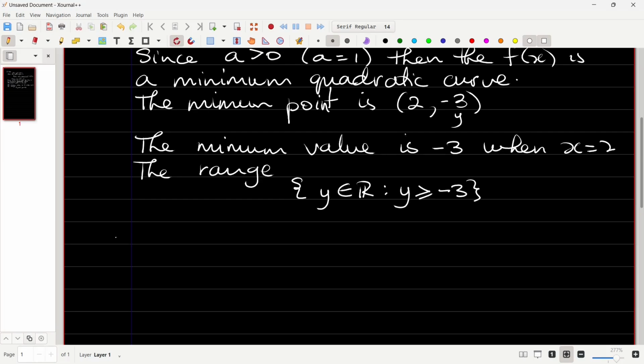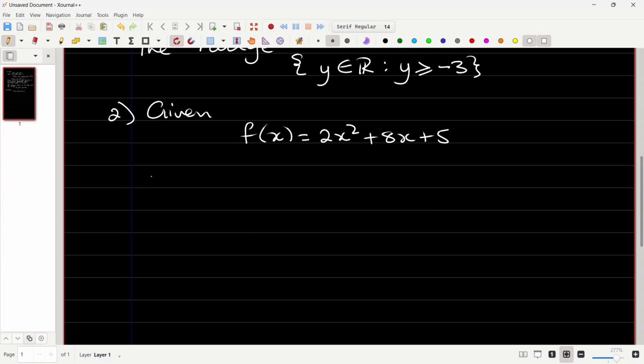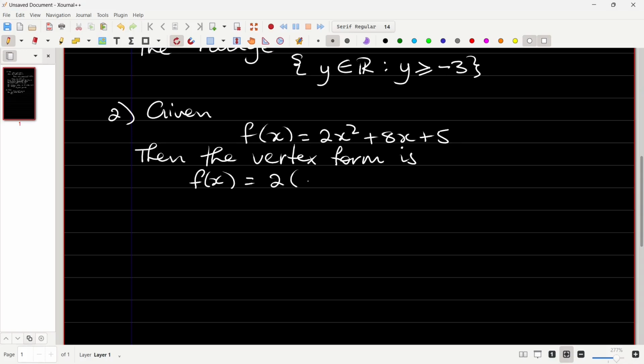Let's go to another one now, number 2, which is given that f of x is equal to 2x squared plus 8x plus 5. Let's see if we can solve the rest. Then the vertex form is, and again, what we're doing is factoring out that 2 first. 2 into x squared plus 4x close bracket plus 5.